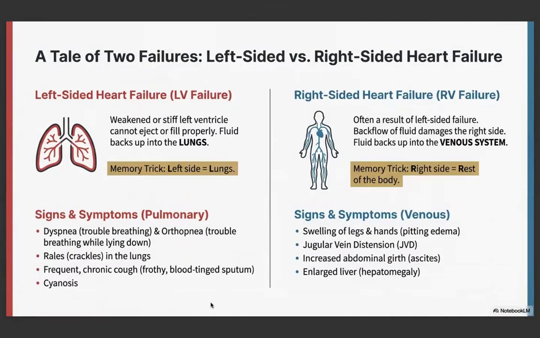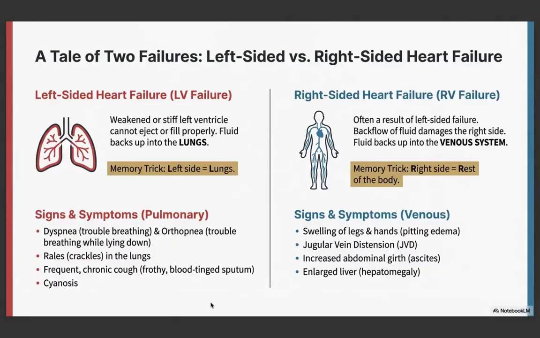All right, so heart failure also has left-sided and right-sided. Left-sided heart failure is going to happen when the left ventricle has become stiffened and it can't eject or properly fill up with blood. So the fluid is then going to back up into the lungs. These individuals are going to have dyspnea, orthopnea, which is trouble breathing while lying down.